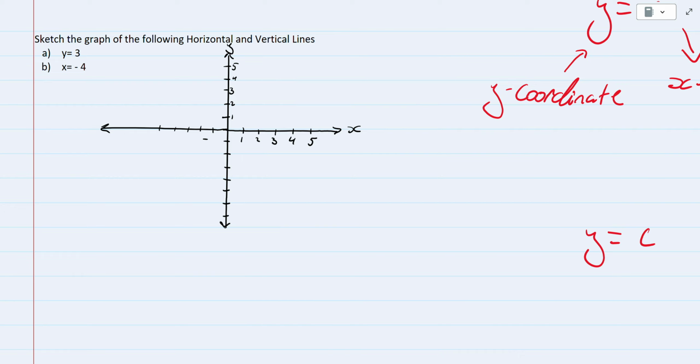So where does this line go? That's the question that everybody asks. We know that y equals 3, and down here we said that y equals c. So there's no gradient. We've got a point here on our axis, but where is the mx? Where's our gradient times our x-coordinate? Well, our x-coordinate is 0. So don't forget that our x-coordinate is 0.